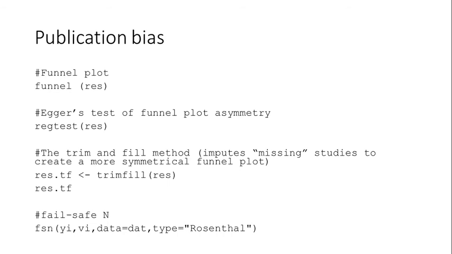Yeah. There's a bunch of different types of fail-safe N. Yes. Because the problem with the Rosenthal one is that it's saying a zero effect. But there are other tests, I forgot what they're called, where you can say what would be of minimal interest. Yes. I don't know much about it myself, but I know that if you change the type here, then you can do all sorts of different ones.